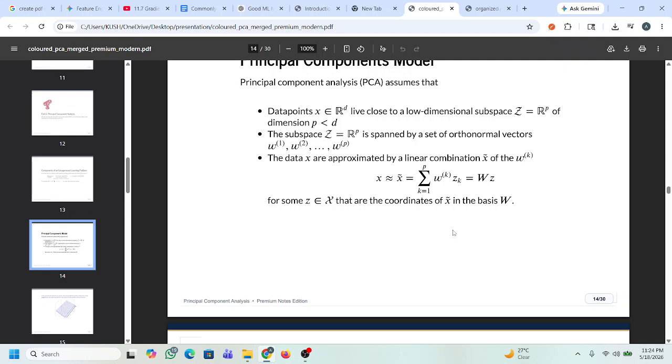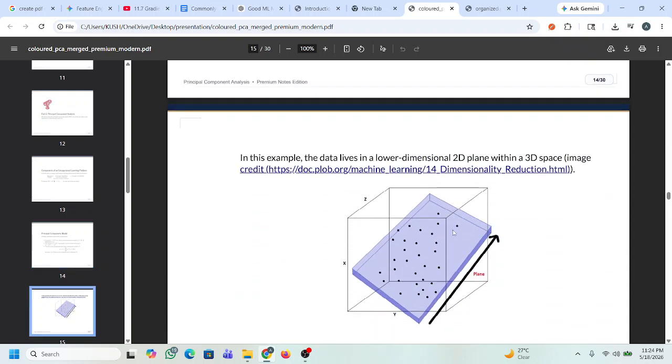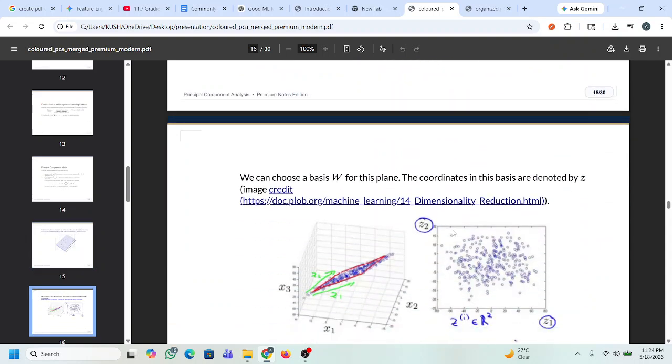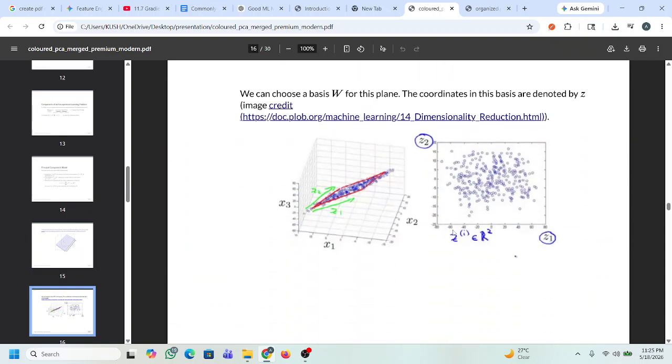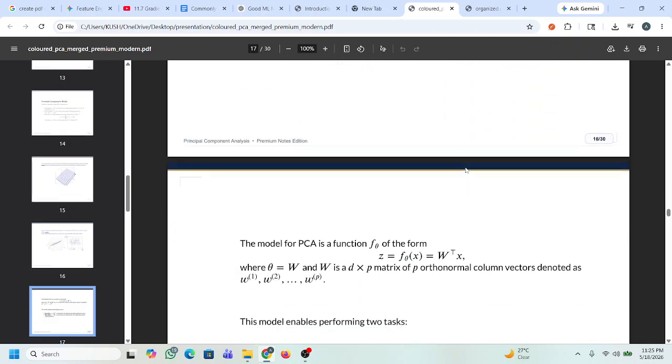So these are the three assumptions, and this is the diagram. This blue plane is the plane we are talking about, and we can project onto 2D and see the data points there.